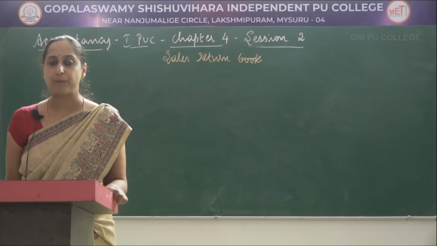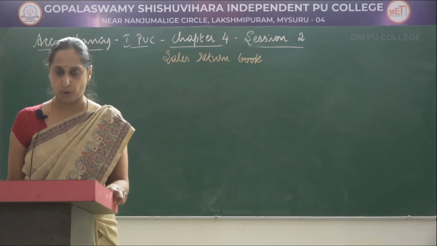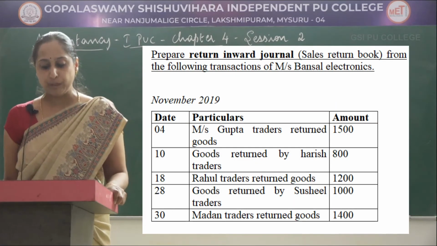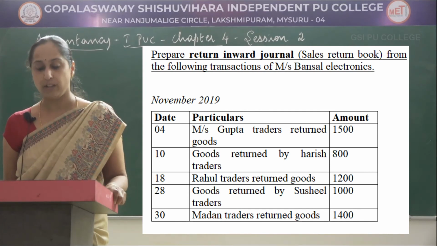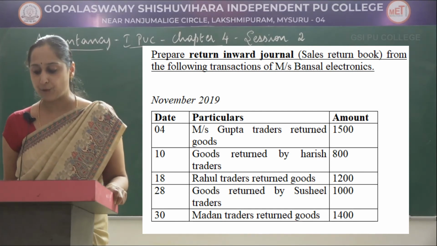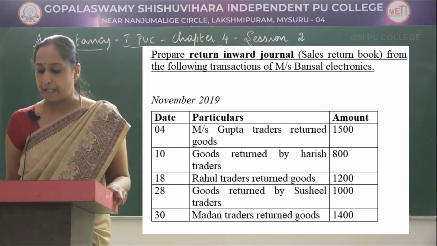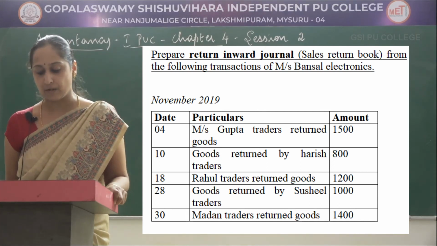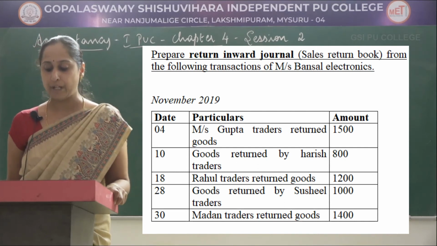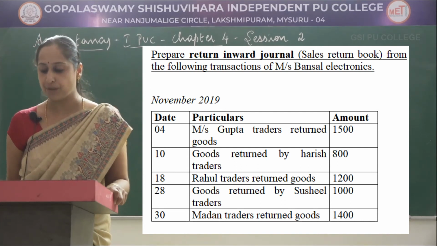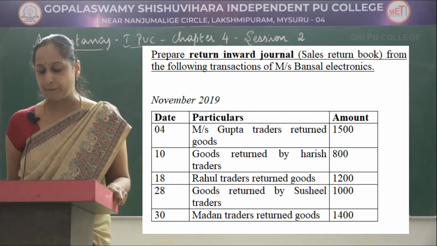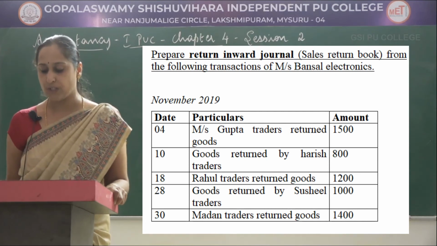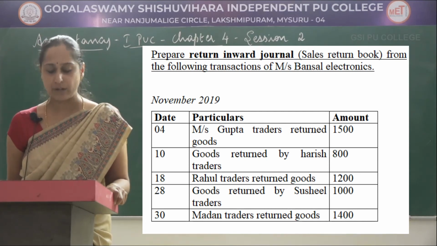Now let us do a problem based on sales return book. Now look at the problem. Prepare return inward journal or sales return book from the following transactions of Bansal Electronics. On November 4th, 2019, Gupta Traders returned goods worth rupees 1,500, and on 10th, goods returned by Harish Traders 800.